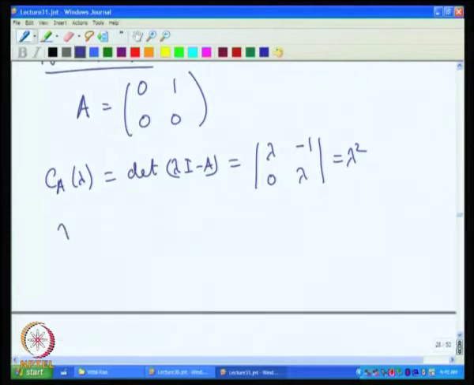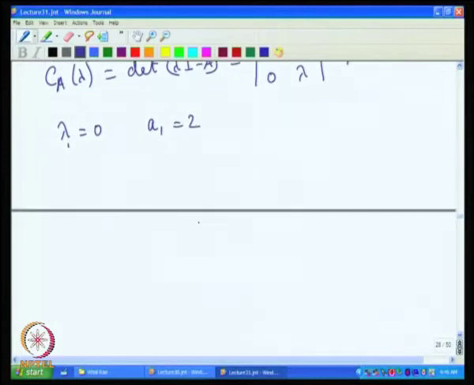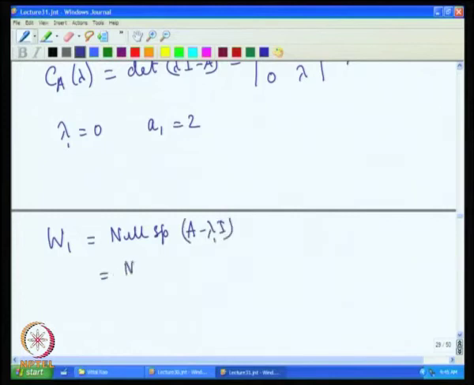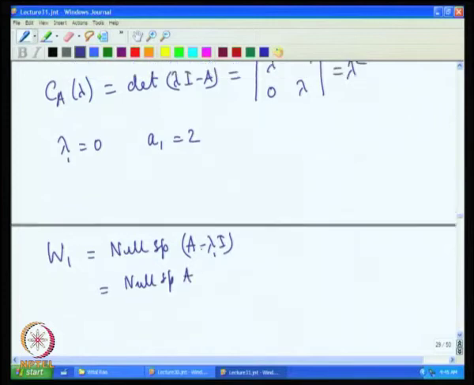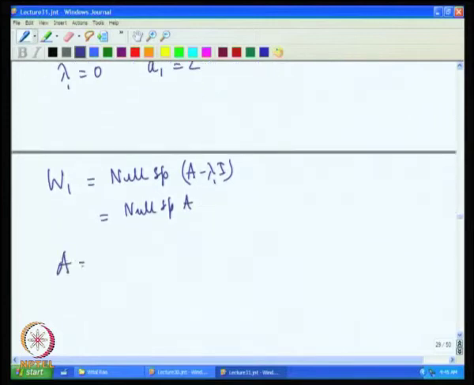So, there is only one eigenvalue, 0, with algebraic multiplicity 2. So, let us find the eigenspace. We have to find the null space of A minus lambda 1 I. Lambda 1 is 0, which is the same thing as the null space of A. But A is this matrix [0 1; 0 0].